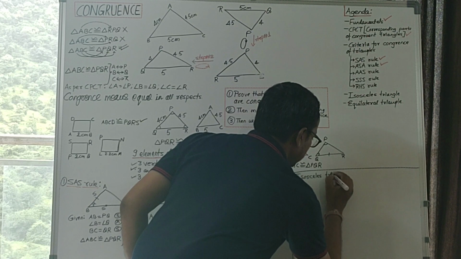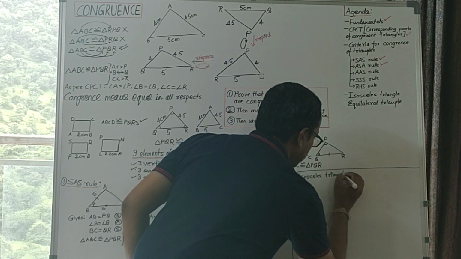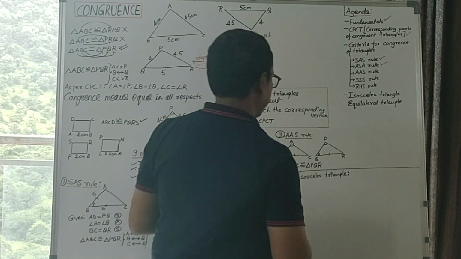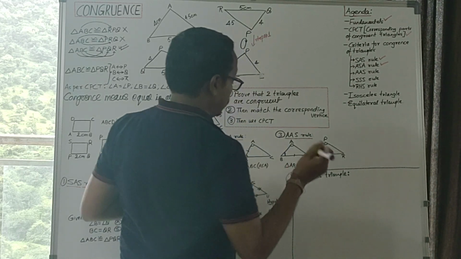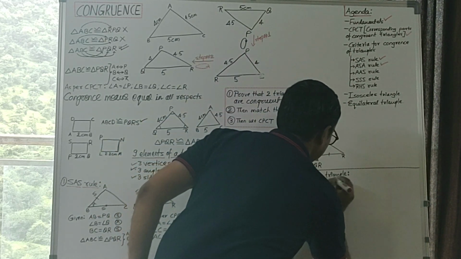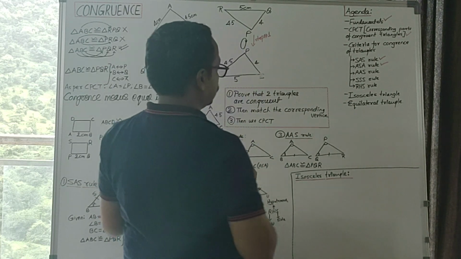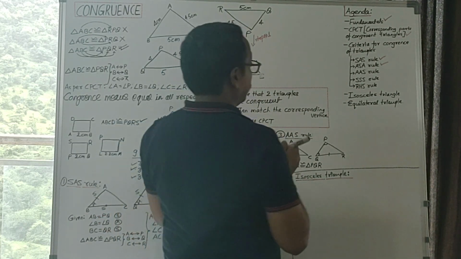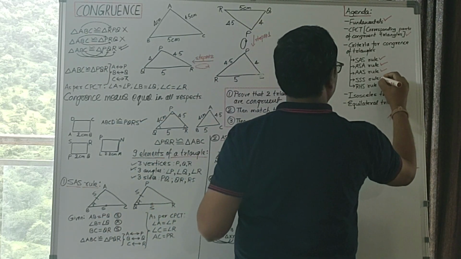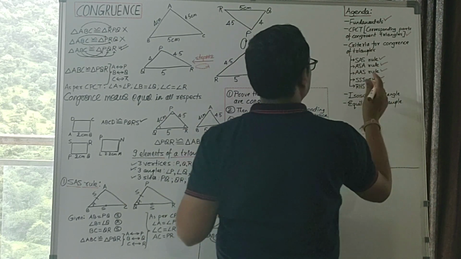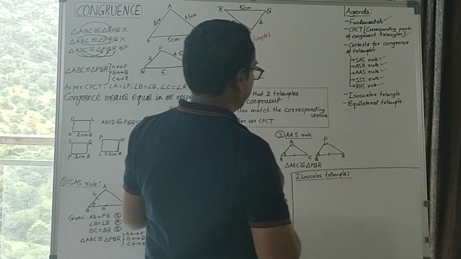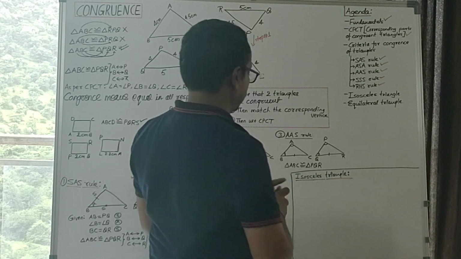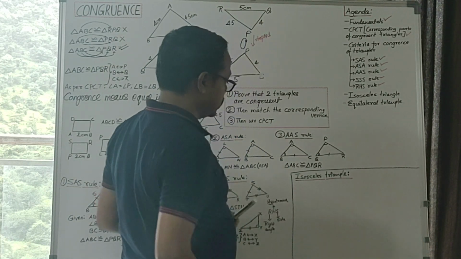Before I move forward, we have discussed all the rules. So we are done with that. Now we jump on to isosceles triangles. What are isosceles triangles?